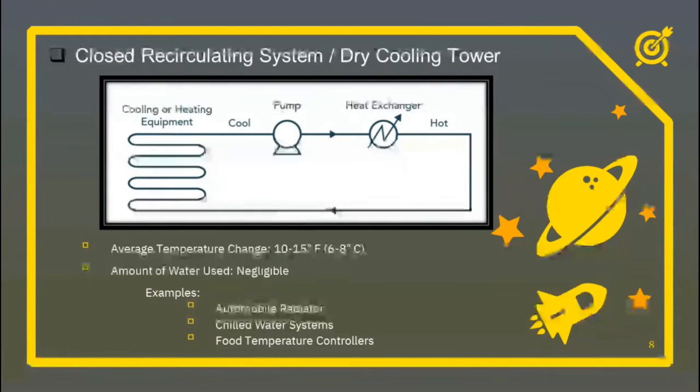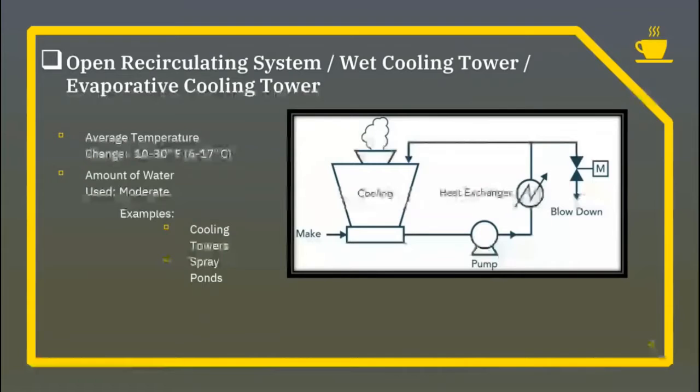The last type of cooling system is open recirculating system or wet cooling tower or evaporative cooling tower. Open recirculating cooling systems or wet cooling towers are the most widely used designs in industry.